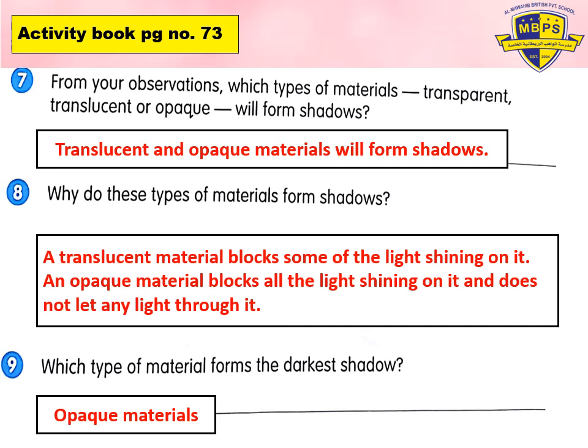Because a translucent material blocks some of the light shining on it. An opaque material blocks all the light shining on it and does not let any light pass through it. Okay? And question number 9, which type of material forms the darkest shadow? The darkest shadow is going to be formed from an opaque material.